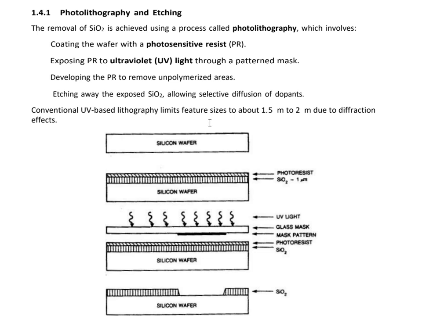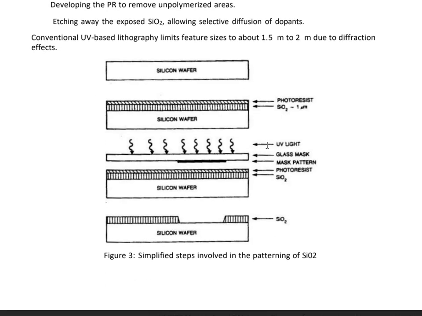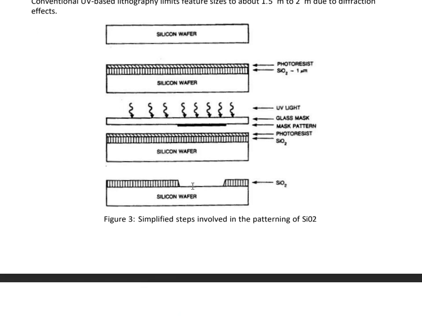Here you can see the silicon wafer on which an SiO2 layer is deposited, and further the PR or photoresist is formed. When it is exposed to UV light through a glass mask, mask patterns are formed here. After the process of etching, only a certain part of the silicon wafer is exposed, and the other part is covered with photoresist and silicon dioxide.